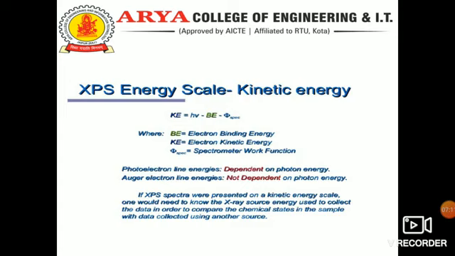In this, photoelectron line energies depend on the photon energy, and the Auger electron line energies do not depend on photon energy. If XPS spectra were presented on a kinetic energy scale, X-ray source energy must be used to collect the data in order to compare the chemical states in the sample with the data collected using another source.